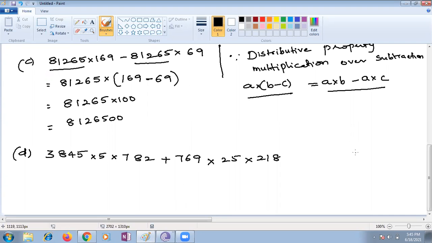So we can write it as 769 into 5. Can you do division only for that part? Is it true? If you put weight on only one side of a balance, is it balanced? No, it won't balance, right?